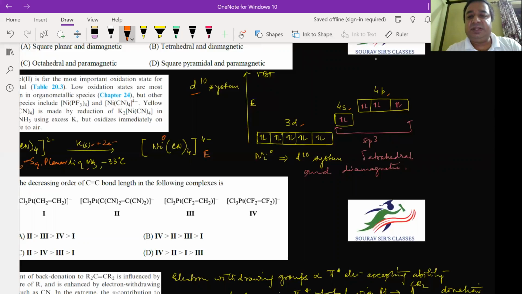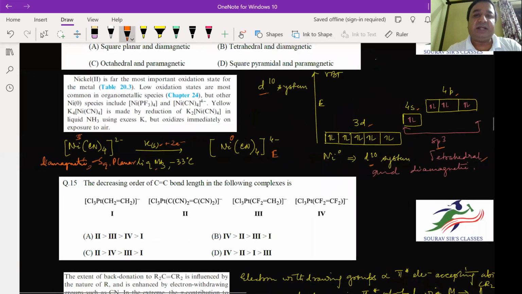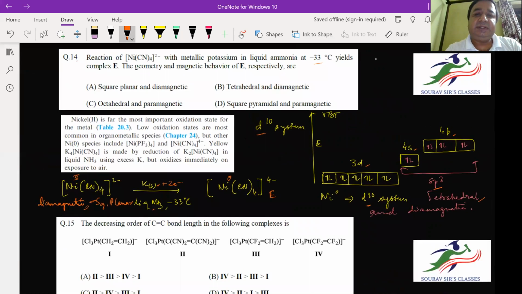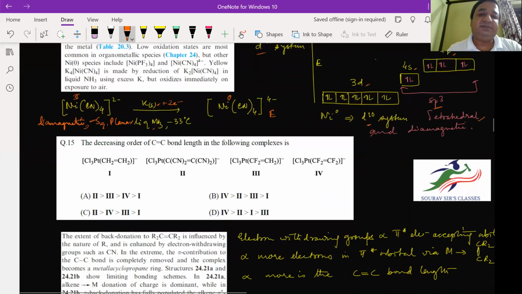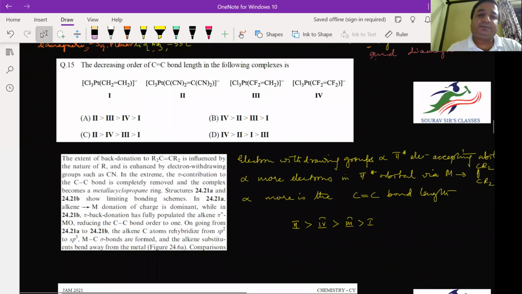You add all the electrons over here for a D10 system, so all the inner d orbitals are now occupied. Then you have the 4 electron pairs coming from the CN. So obviously this is forming sp3 hybridization. So it is going to be tetrahedral and it is going to be diamagnetic. So our answer here is going to be tetrahedral and diamagnetic. And again, this question is directly from Shriver-Atkins. So one can consult Shriver-Atkins for this type of question.